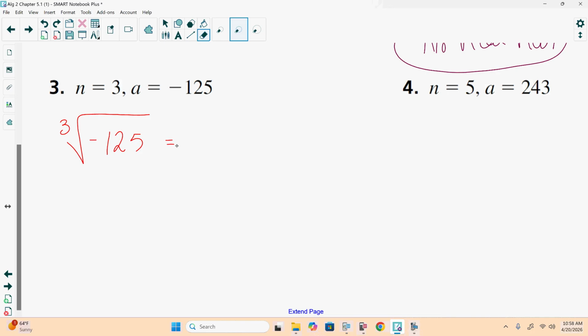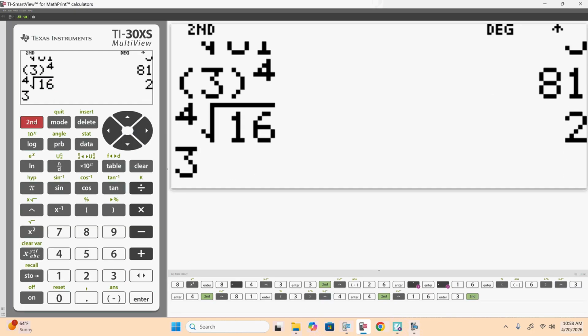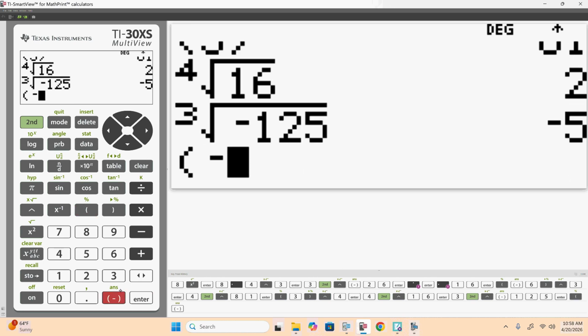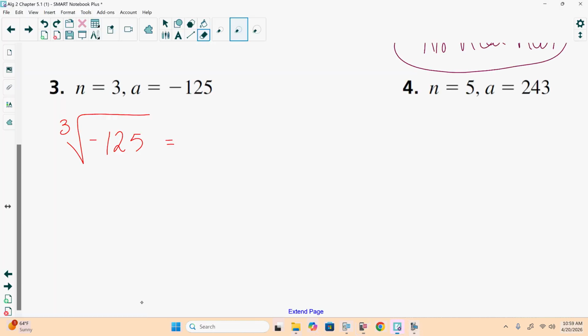Odd roots are nice because applying one to a number gives us one real root. We're going to get a number. It is negative 5. Negative 5 to the third is indeed negative 125.